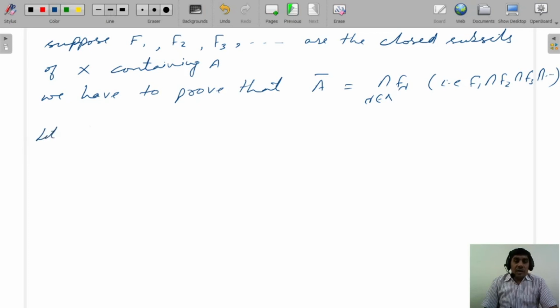Let F be equal to intersection of F lambda, lambda belongs to indexing set.